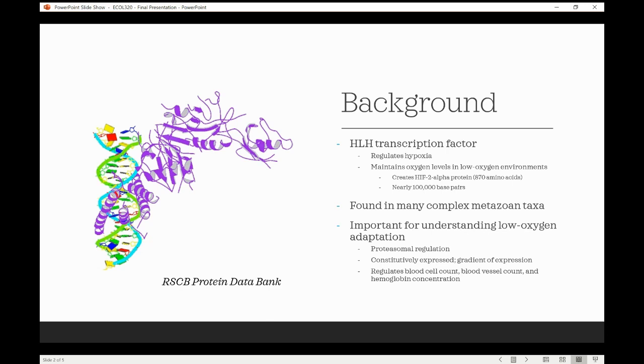This increases or decreases the amount of HIF in the body, which in turn increases or decreases the amount of oxygen that's being transported around the body. EPAS1 is involved in erythrocyte formation, in blood vessel formation, and in hemoglobin concentration, as well as embryogenesis.